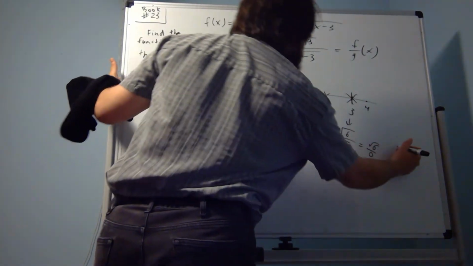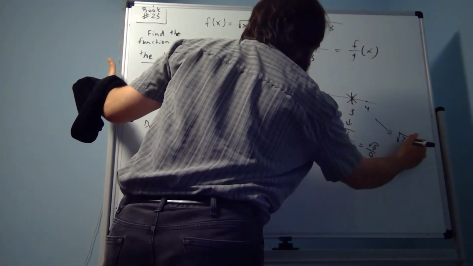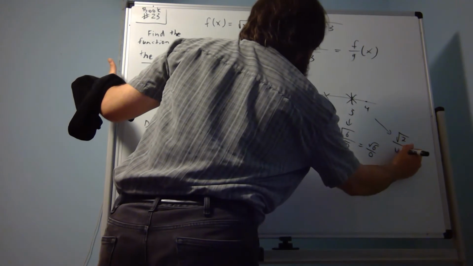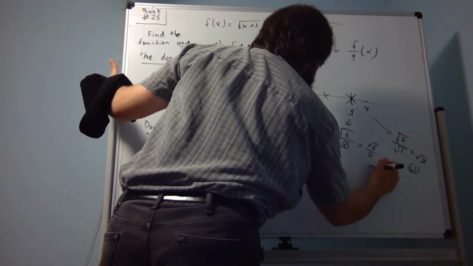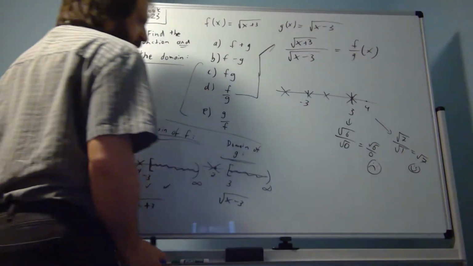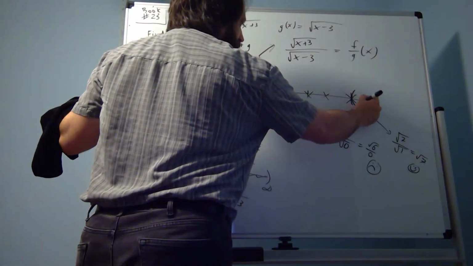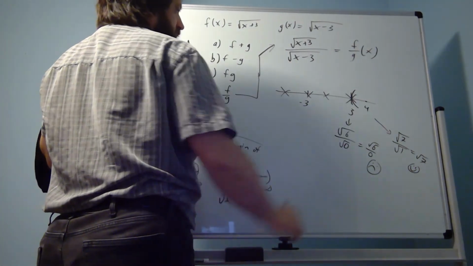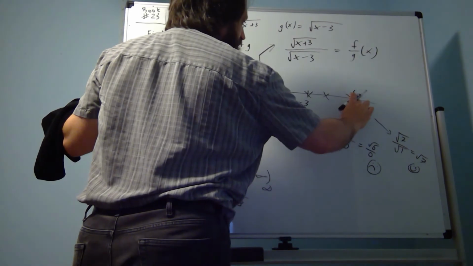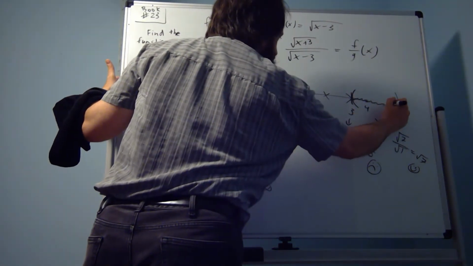So when we try to evaluate the function, we get square root of 7 divided by square root of 1, which is just the square root of 7. So 3 is not in the domain. If x is anything bigger than 3, but not including 3, then we're sort of good to go.